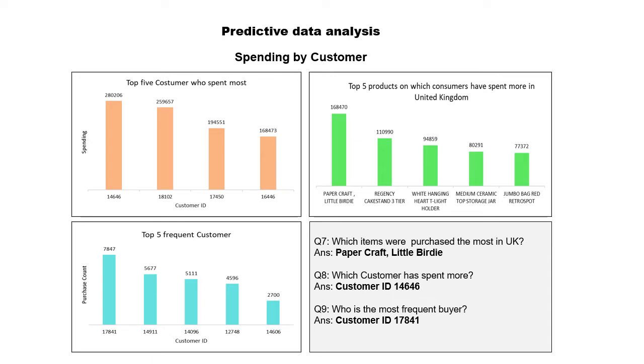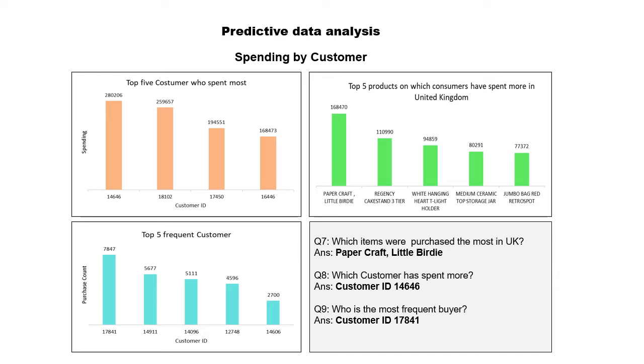In terms of frequent customers, we have the top 5 who frequently purchase from this company. Customer ID 17841 is the most frequent buyer, who has purchased around 7847 times.